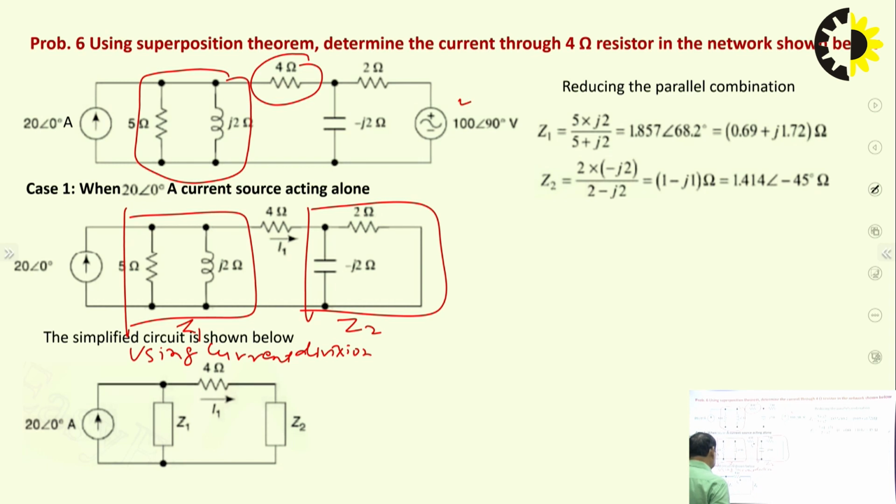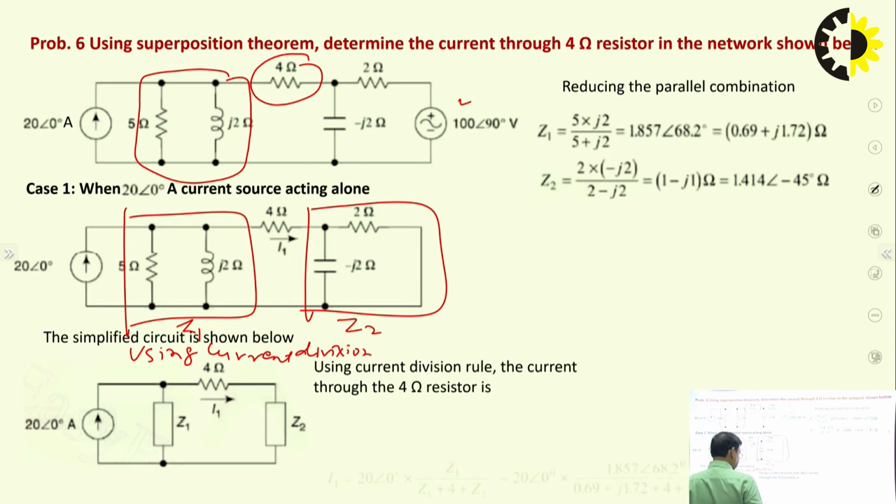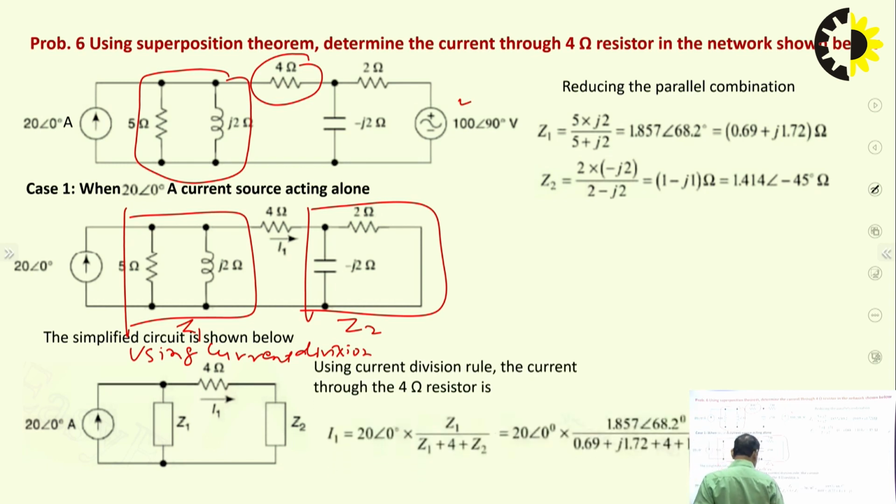So I1 is the total current times the impedance of this branch, Z1, divided by Z1 plus 4 plus Z2. So this is the current through the 4 ohm resistor.